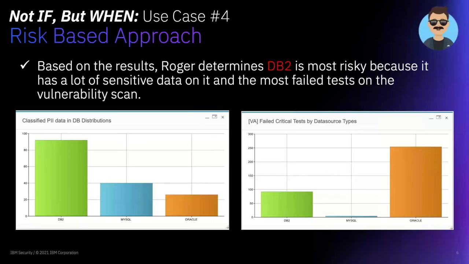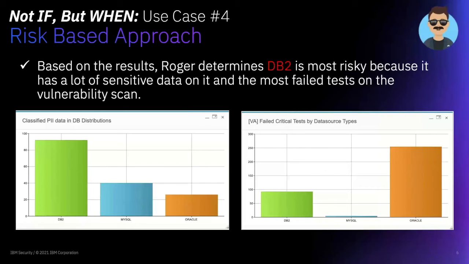So DB2 is fairly likely that it could be victim to some type of unfortunate attack, unfortunate event, because it is fairly vulnerable. And then times the impact of that data, which we modeled here using our classification process. So that data is extremely sensitive based on what's being held in that database.